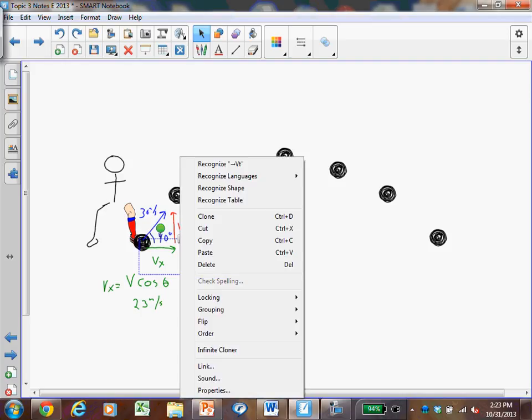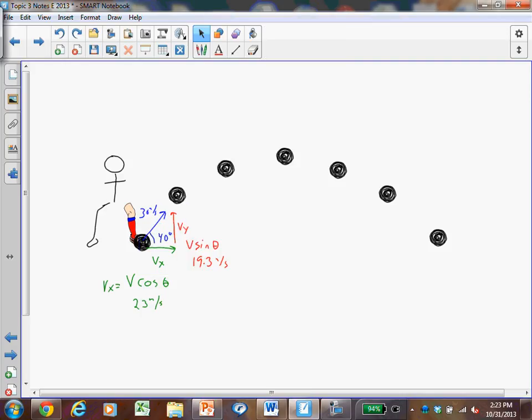Now, how does the x component change through flight? Will? It stays constant, doesn't it? So with all of these, it has the same x. Okay?